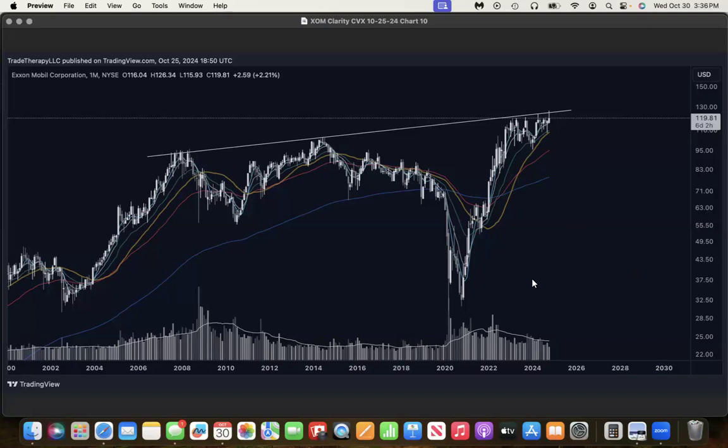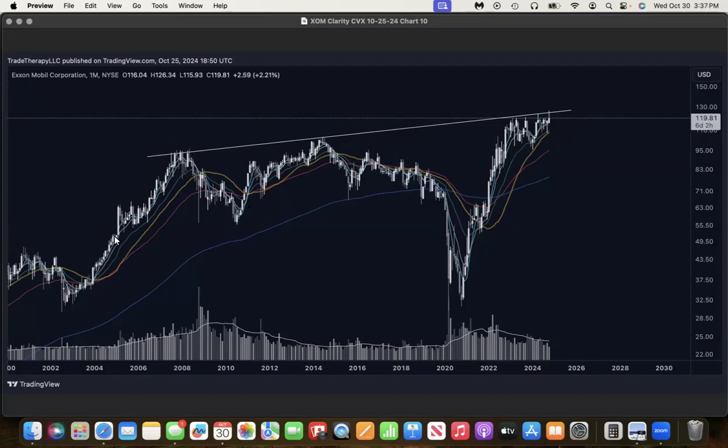Not surprising to see Exxon up against its long-term supply line and potentially distributing here after its massive run after the COVID low. If you look back at the historical runs, this is the great financial crisis. This is the dot-com bubble.